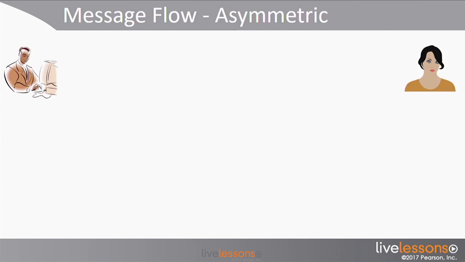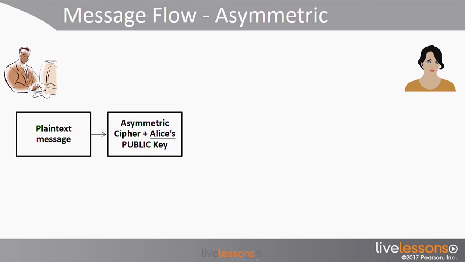So let's look at that in a message flow. We've got Bob and Alice. Bob has a plain text message that he wants to send to Alice. He's going to take an asymmetric cipher plus Alice's public key, because it's a key that freely gets distributed, and from that he's going to end up with an encrypted message.